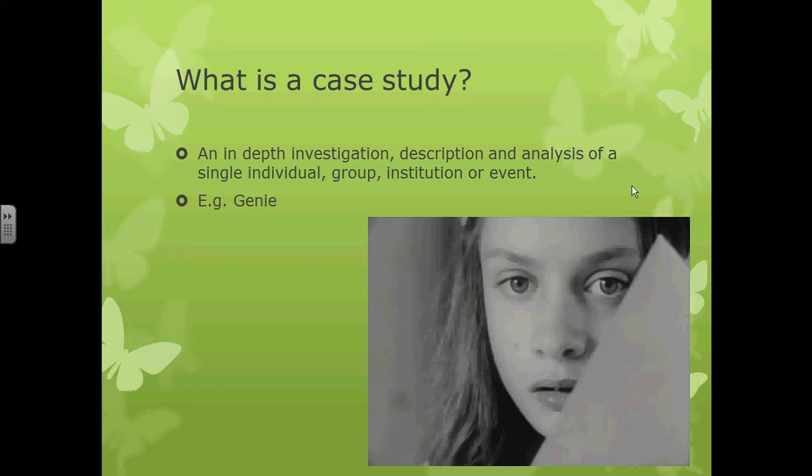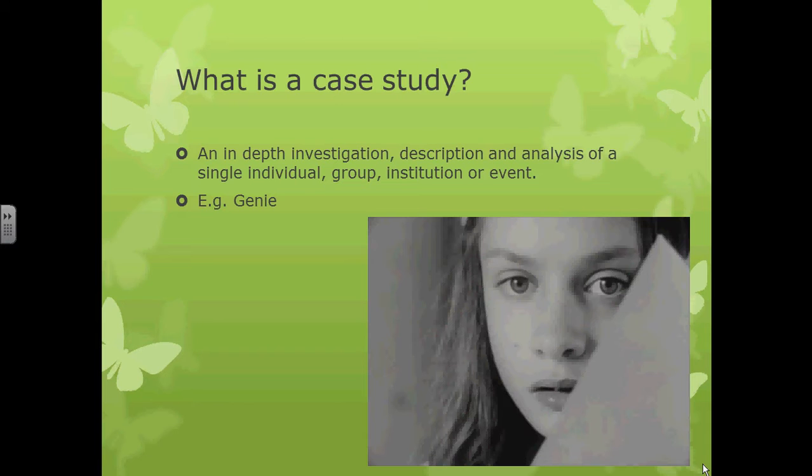The way you've probably come across it before is more for individuals, like Jeannie, you may have studied during development, who suffered from extreme privation at an early age, or you may have looked at memory case studies like the case of HM, or the case of KF, who both had brain injuries which meant that their memory didn't function normally.